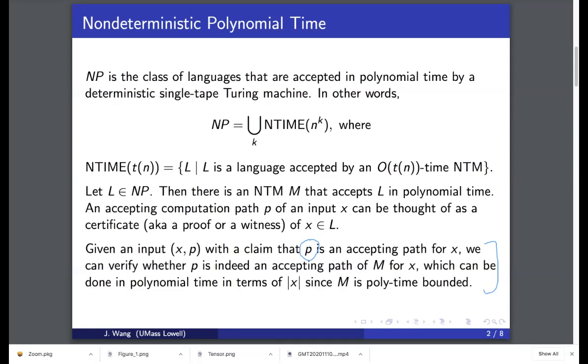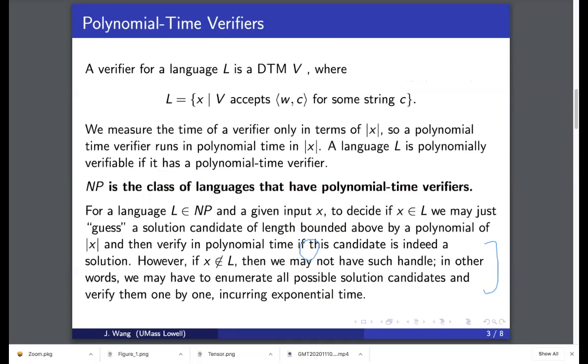Okay, so we have a second view of this. We are going to define a notion called a verifier for a language L. This verifier is a deterministic Turing machine V, and it takes as input x and a C. We call that C a witness or a certificate, a witness that x is in L, just like the concept we mentioned earlier, that's a path.